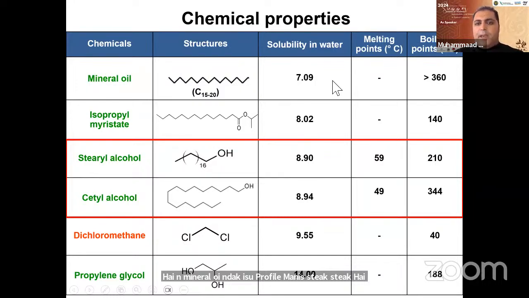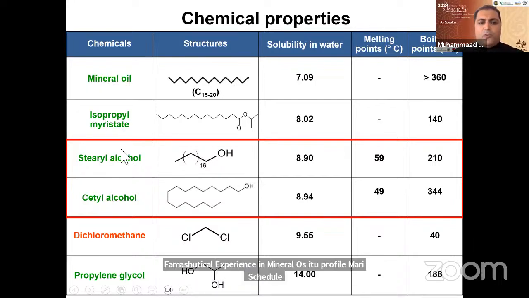And if you compare the properties of the solvents with dichloromethane, these are actually pharmaceutical excipients: mineral oil, isopropyl myristate, stearyl alcohol, cetyl alcohol, propylene glycol.